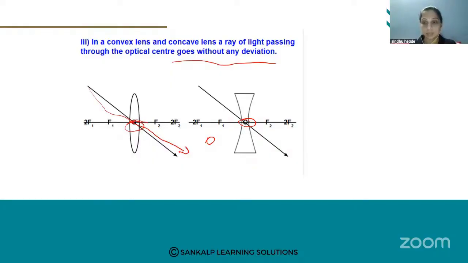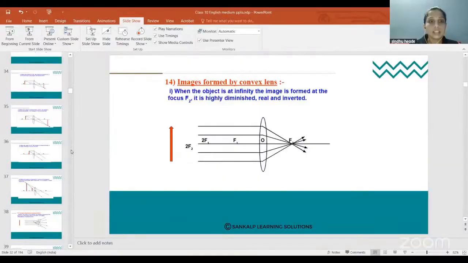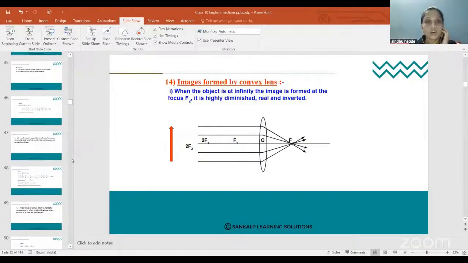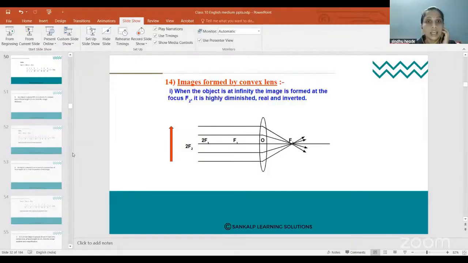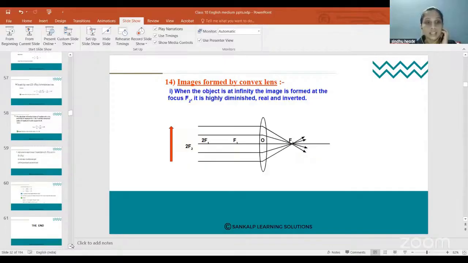It's very, very simple. So these are all the concepts related to the laws of refraction related to lenses.